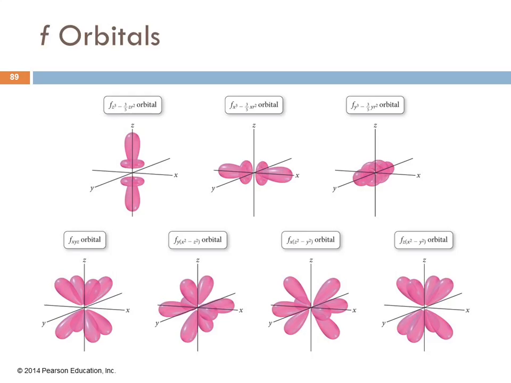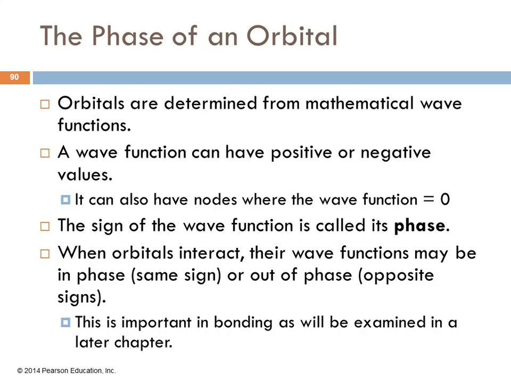It looks like a balloon artist clown went nuts or something, lost his mind. These guys, I think, are particularly trippy. Those 2 right there. Yeah, what the heck? Yeah, there they are. Those are f orbitals. I don't have anything else to say about them.